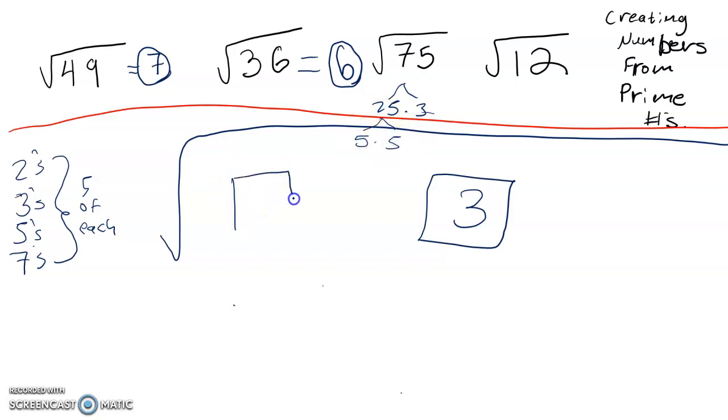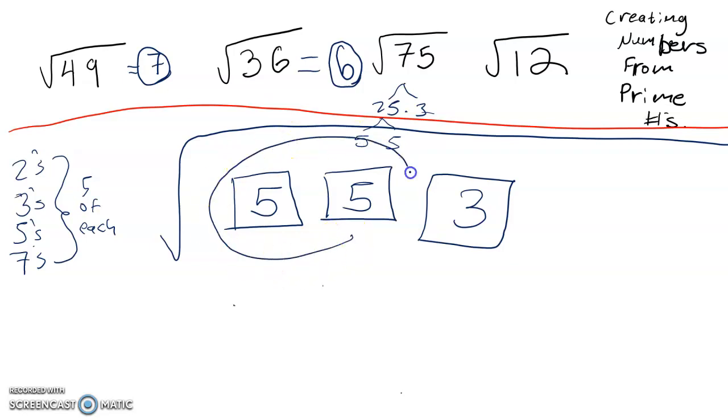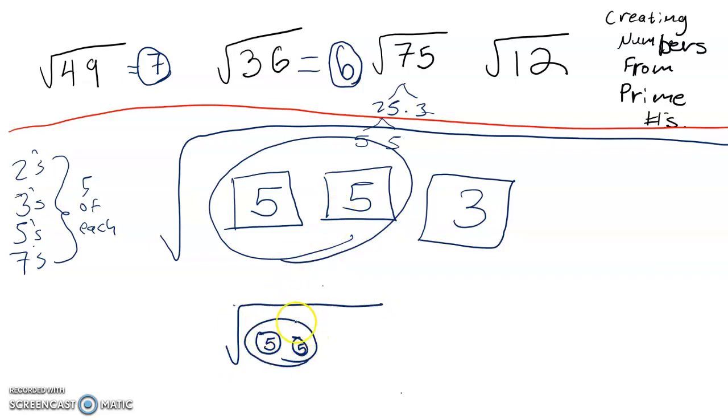So from that, I can put inside of my square root on my whiteboard 2 5 cards and a 3 card. Now, once again, I'm looking for pairs of numbers, and I have a pair of 5s right here. On my separate sheet of paper, I write out a pair of 5s: 2 5s on the inside makes 1 5 on the outside.